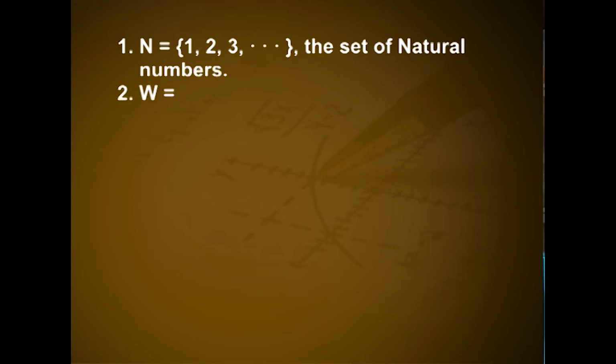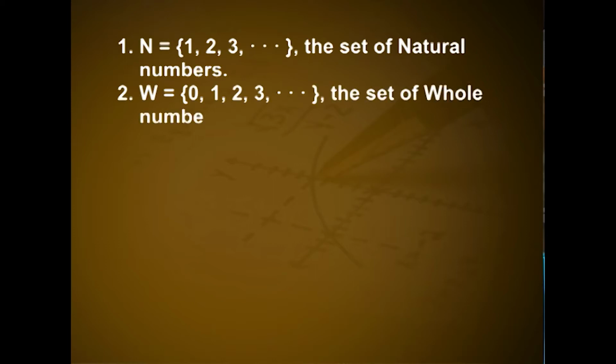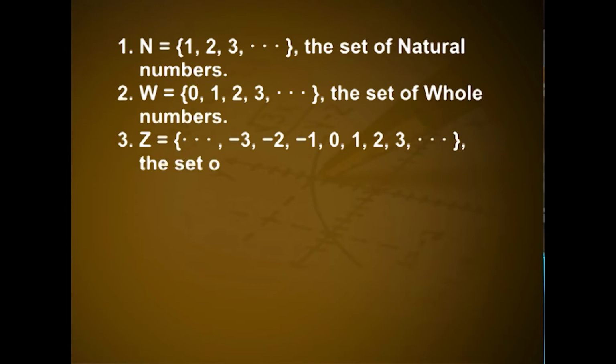In mathematics, the following are certain commonly used sets of numbers. N equals the set {1, 2, 3, ...}, the set of natural numbers. W equals the set {0, 1, 2, 3, ...}, the set of whole numbers. Z equals the set {0, 1, 2, 3, ..., -1, -2, -3, ...}, the set of integers.